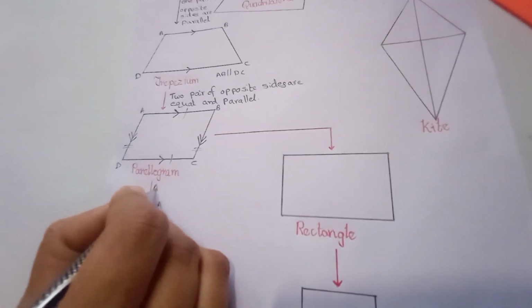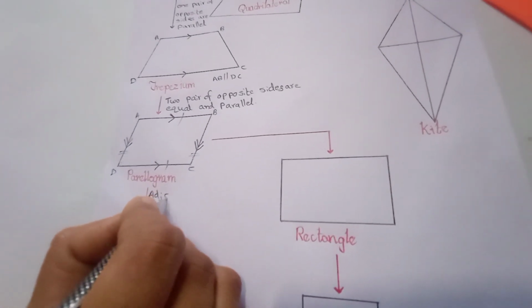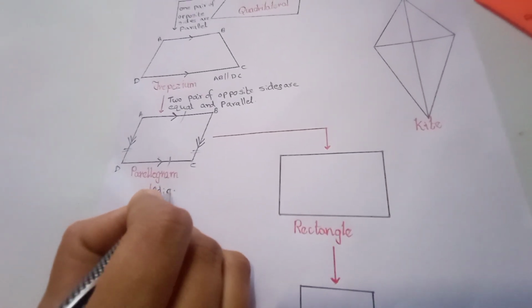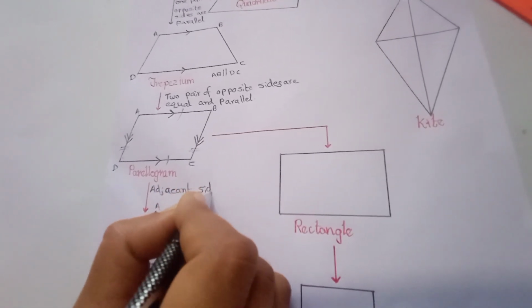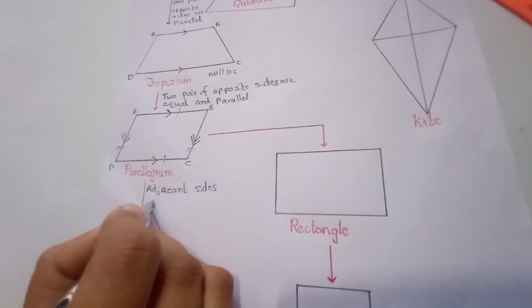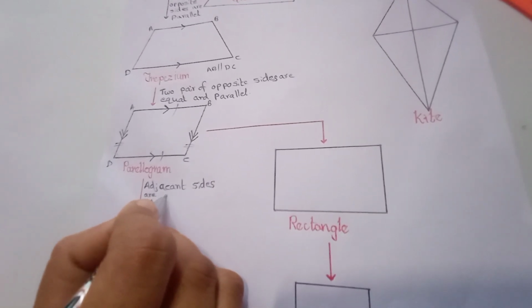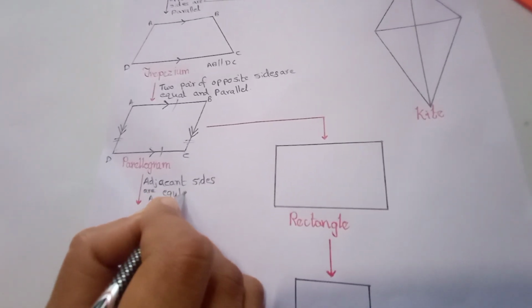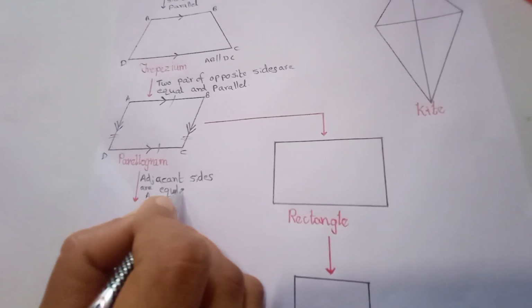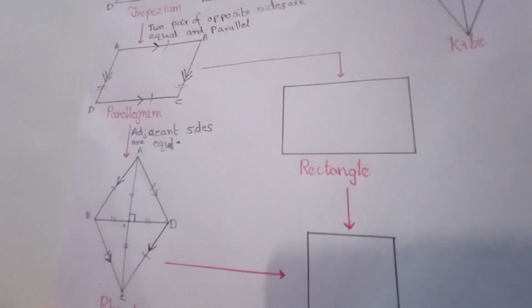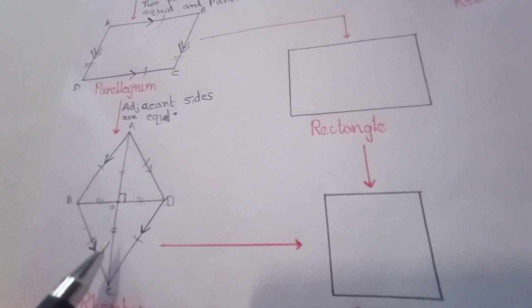Then adjacent sides are equal, then this is a rhombus.